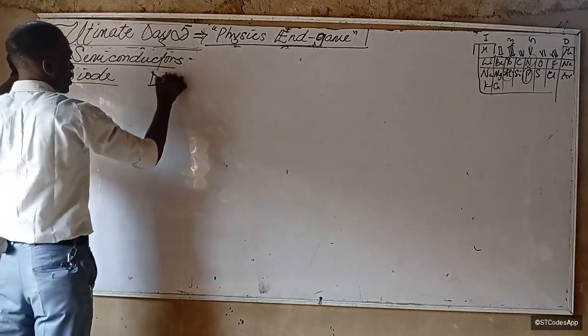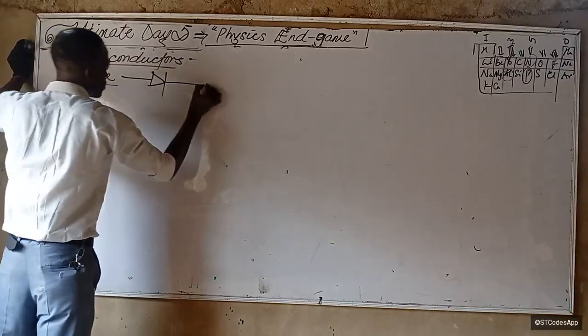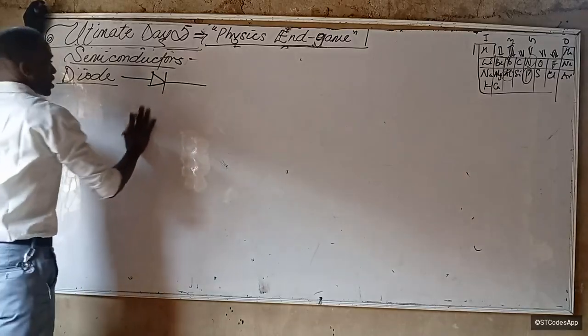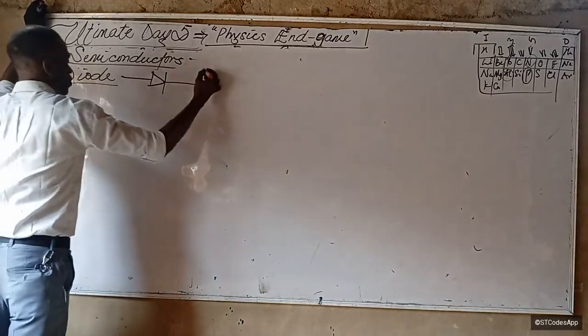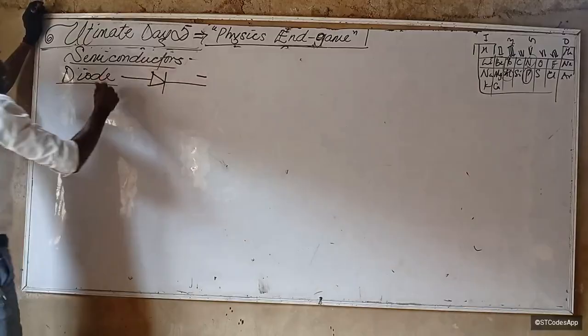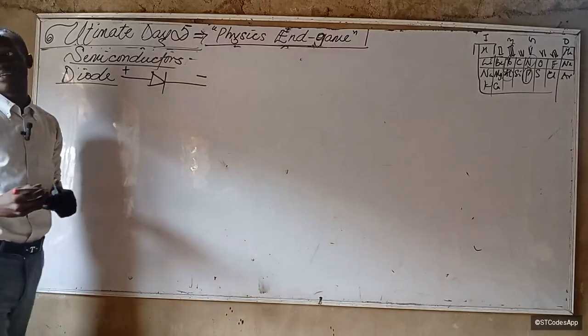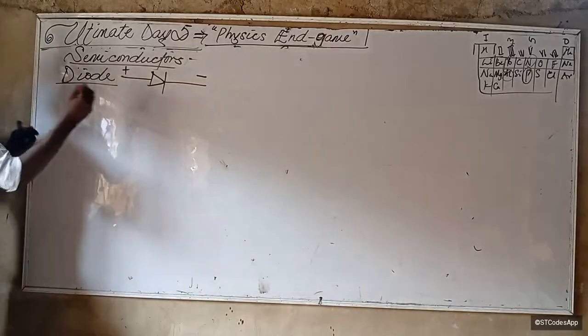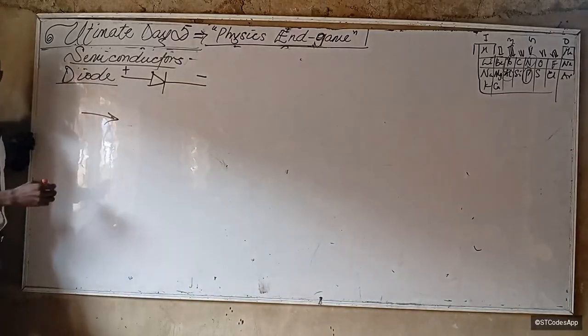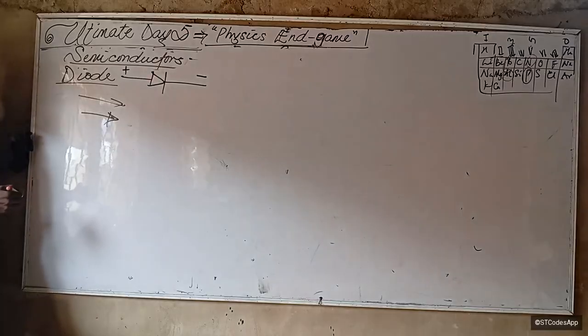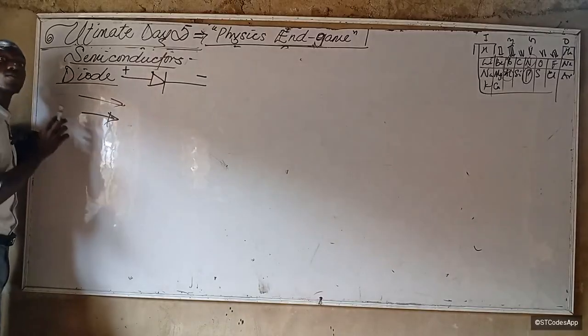The electrical symbol for a diode is this. Do we understand? Yes, sir. Which portion is positive, which portion is negative? This side is what? Listen, this is an arrow. The direction of the arrow shows the direction of conventional current.